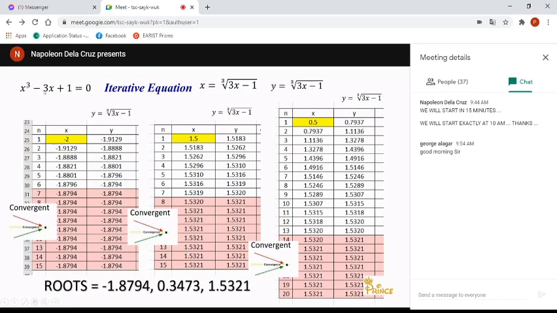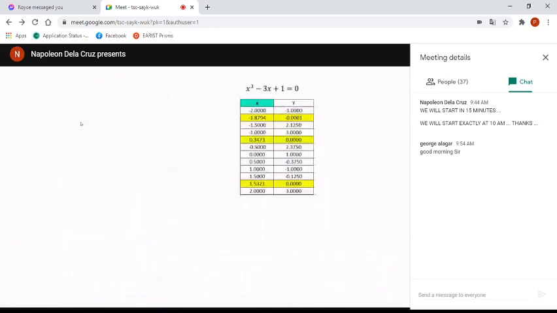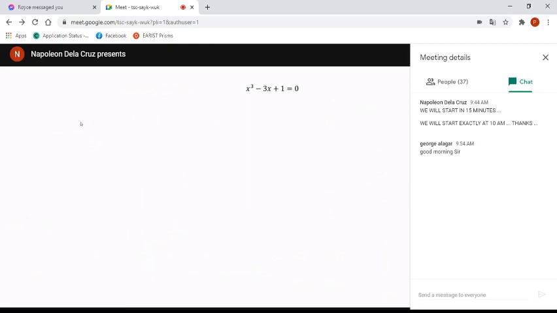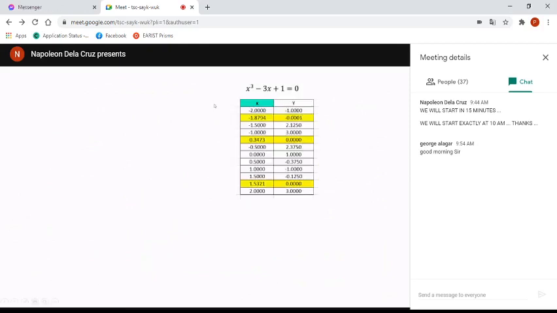X cubed minus 3x plus 1 is almost equal to 0. Almost equal to 0. Check natin. Ito tayo dito. Yan yung equation. Okay? Tignan muna natin. Ito ay assumption. Negative 2, negative 1.5, 1.5, 0.5.